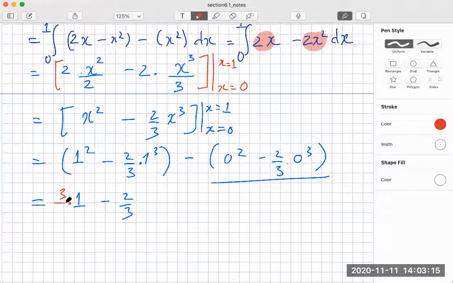Then they do not have the same denominator. So we can make them have the same denominator. It gives us 1/3. Okay. Is the idea clear now?